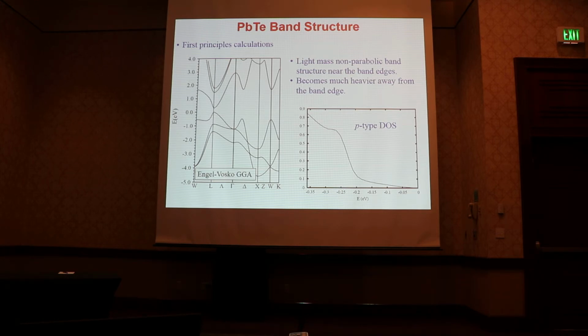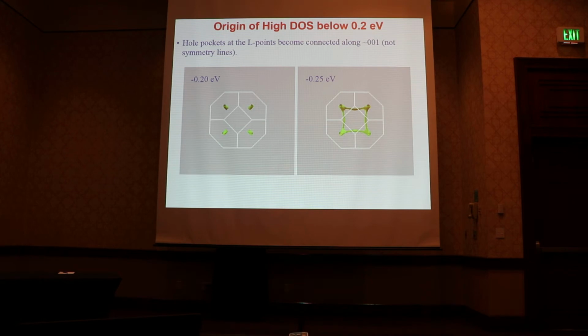So lead telluride is a cubic material, but the nature of that onset is that the carrier pockets at the L point interconnect via these tubes, and these tubes are a two-dimensional object. They're in a network, and because of that network, overall it's three-dimensional, but it's a kind of dimensional reduction, a topology change of the bands caused by that interconnection, and that's the origin of the high performance of lead telluride.